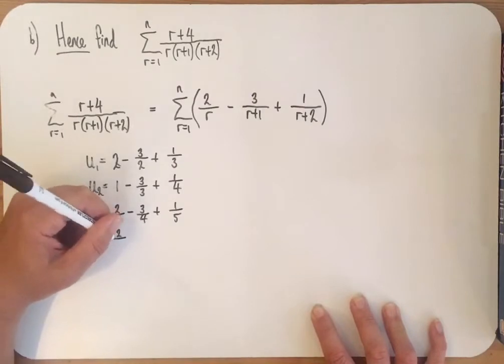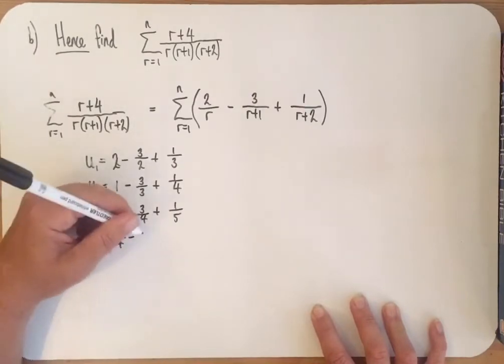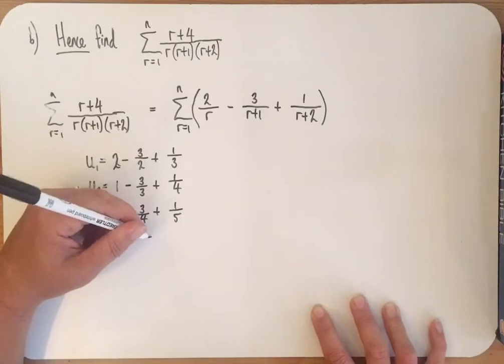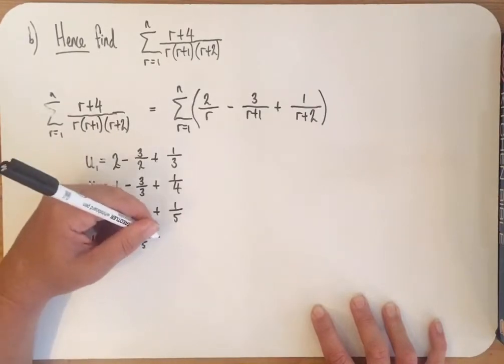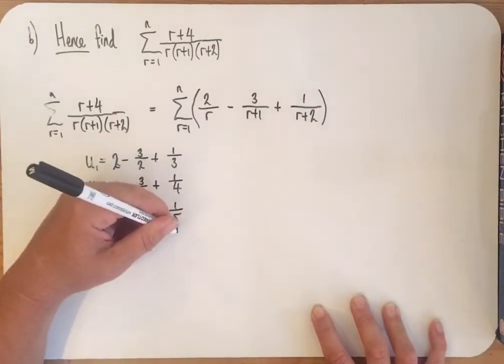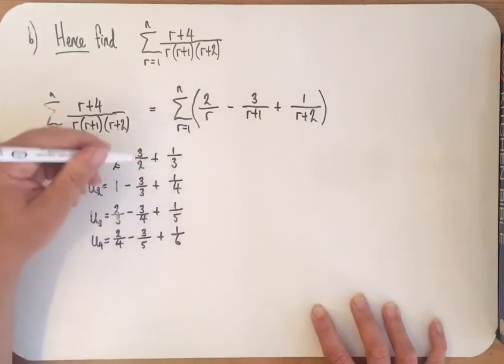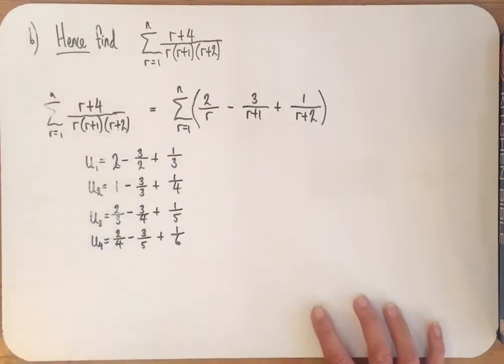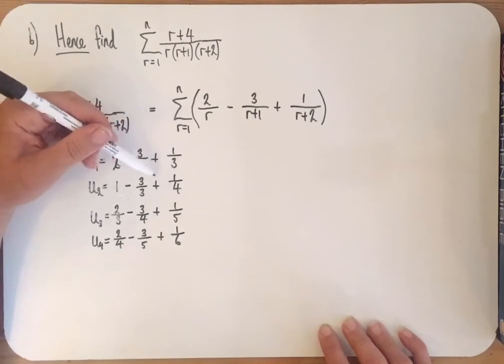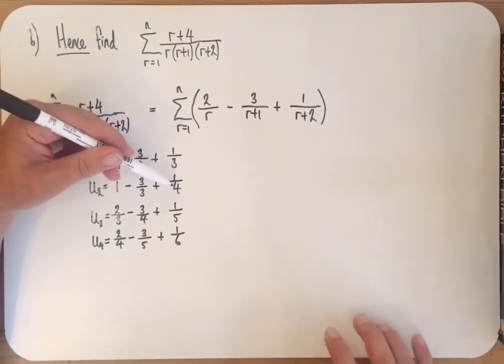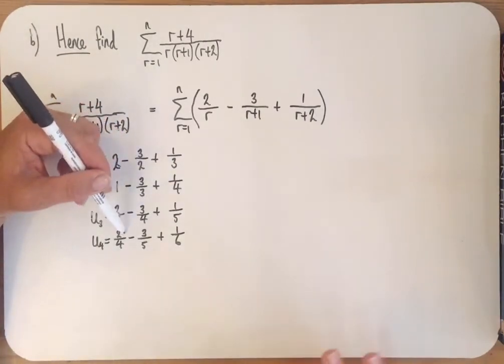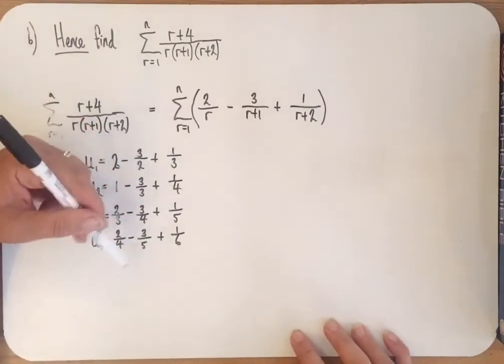So I've got 2 over 4 minus 3 over 5 plus 1 over 6. But you can just see this pattern's going to continue. So cancelling down like that. So a quarter minus 3/4 plus 2/4 is 0 as well.